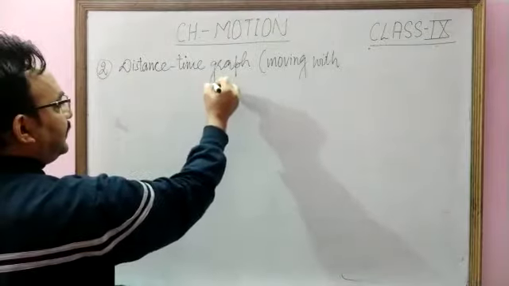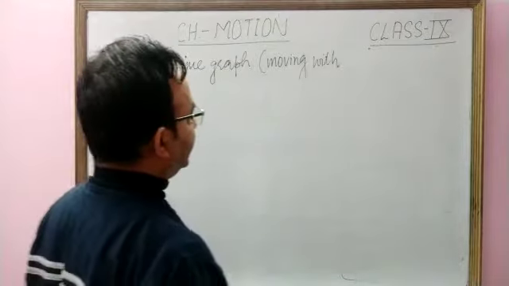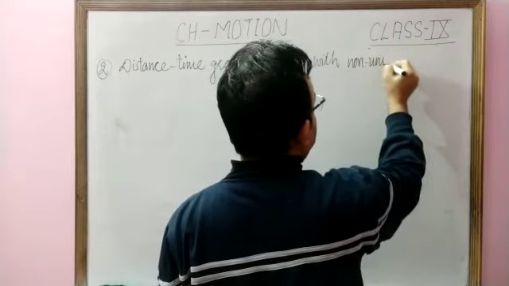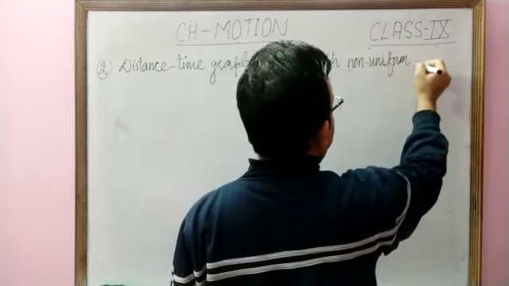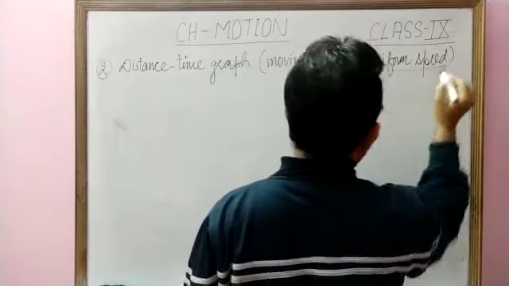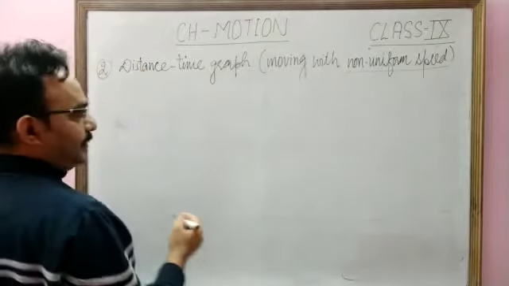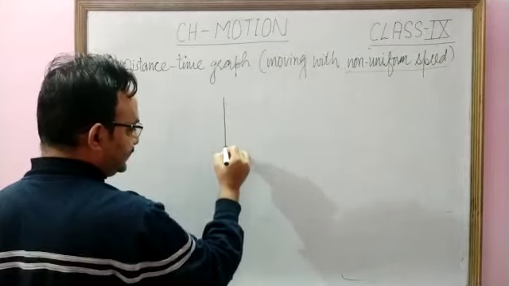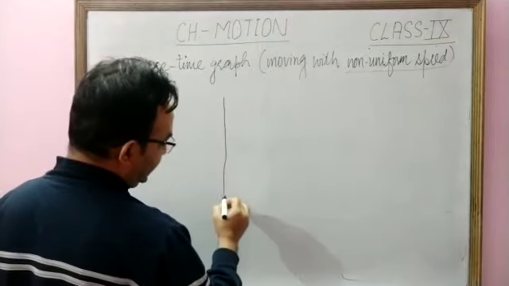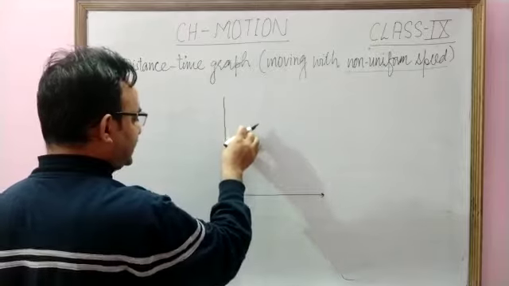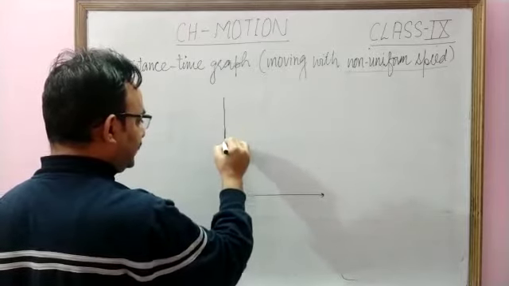In case of non-uniform speed, it means unequal distances in equal intervals of time, or equal distances in unequal intervals of time.